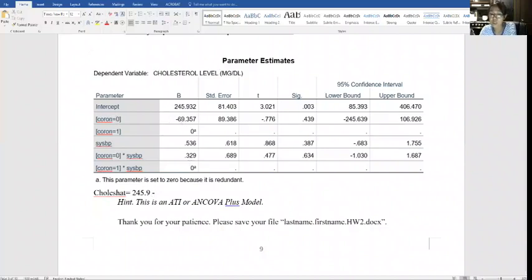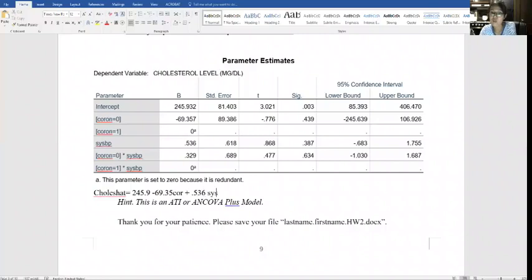So minus 69.35, and coronary incident. And then 0, you multiply 0 to any number and it becomes 0, right? So skip it.